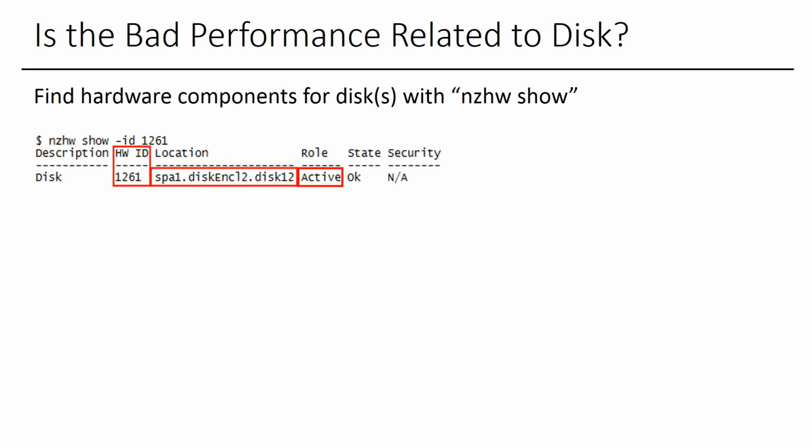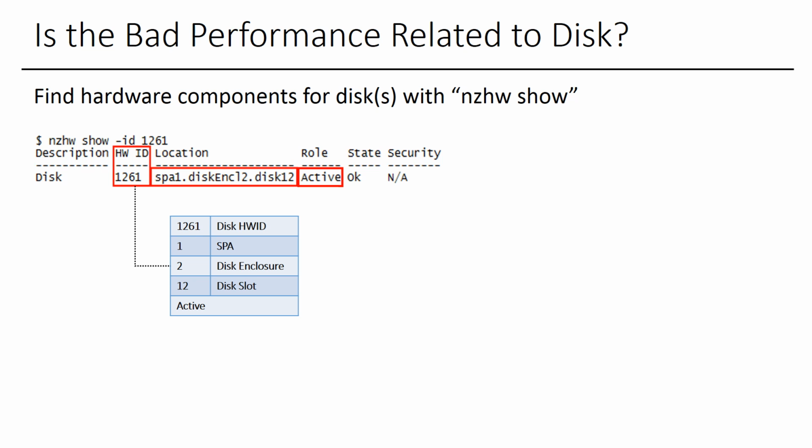The nzhw command allows you to manage the hardware on the Netezza system. You need to use the show option and disk hardware ID with the nzhw command to find out detailed information about the specified disk. Here you are using ID 1261 for the disk hardware ID that you found with nzshow topology earlier.